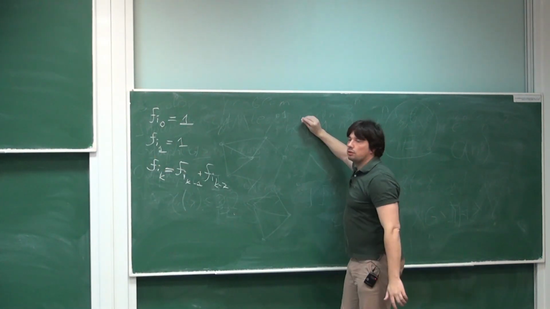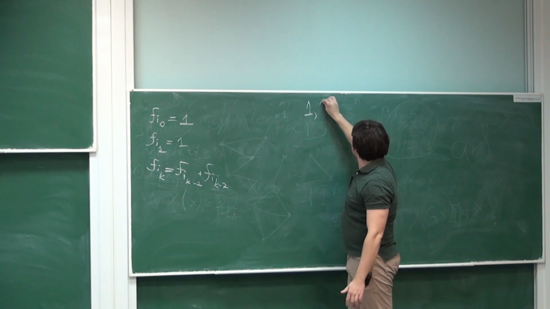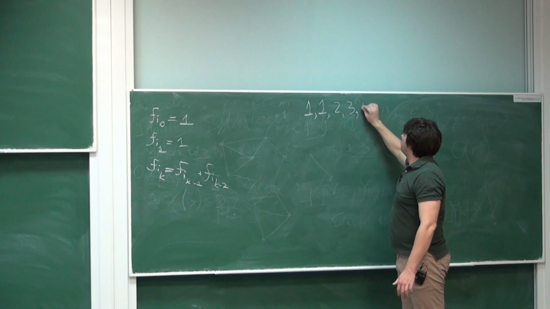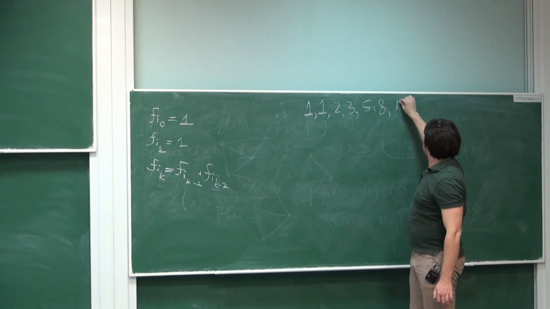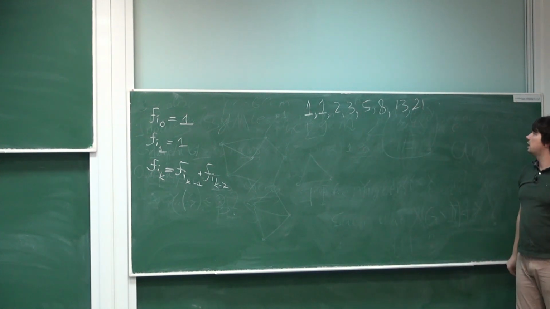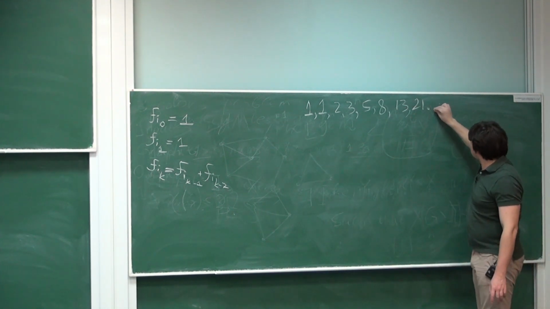So the sequence goes as 1, 1, 2, 3, 5, 8, 13, and 21, and so on.